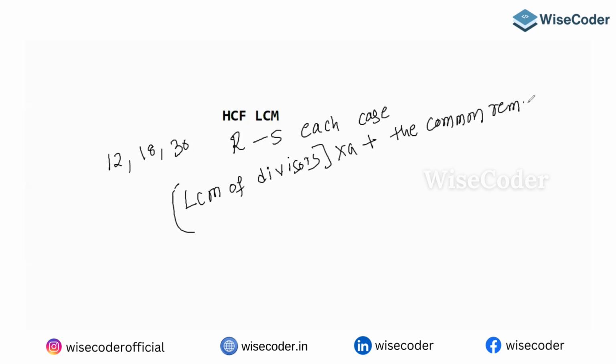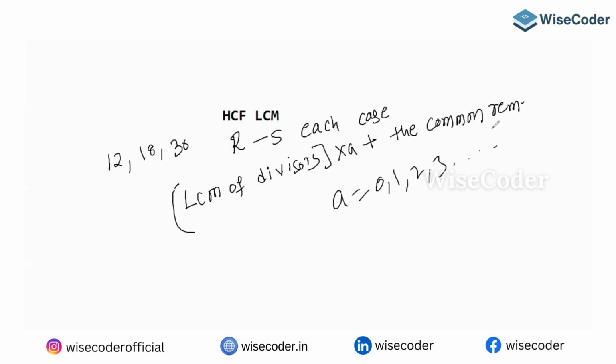What is the logical explanation for this? Where A is nothing but 0, 1, 2, 3, anything, the whole numbers.